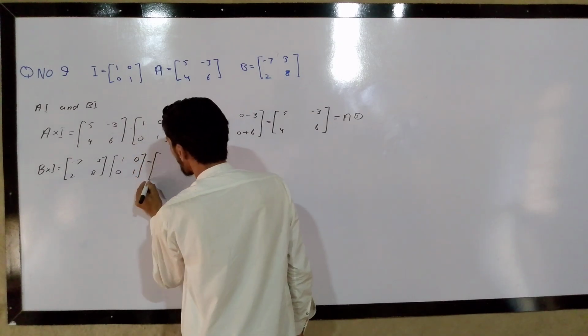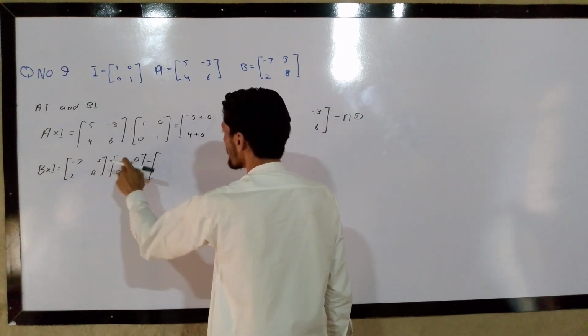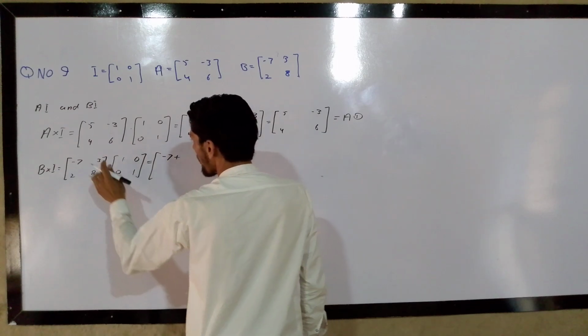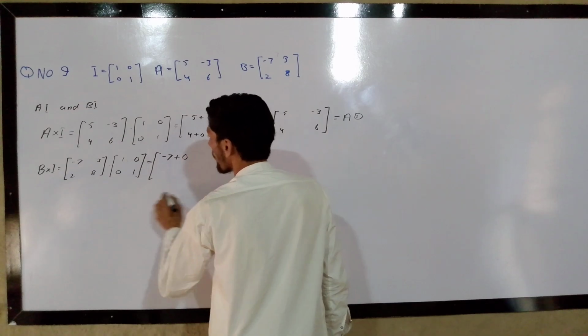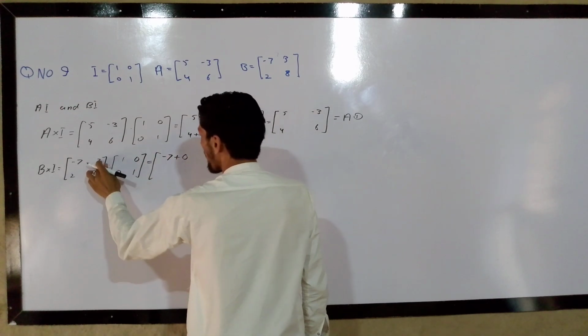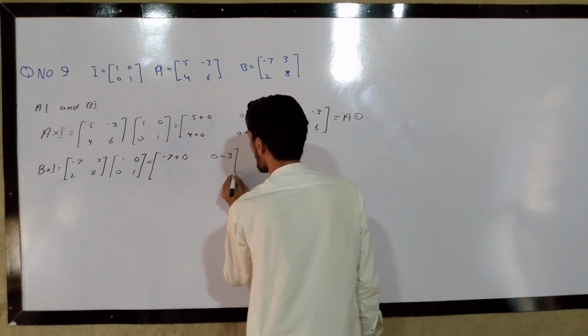A simple multiplication: -7 multiplied with 1 is -7, plus 3 multiplied with 0 is 0. Now -7 with 0 is 0, plus 3 with 1 is 3.